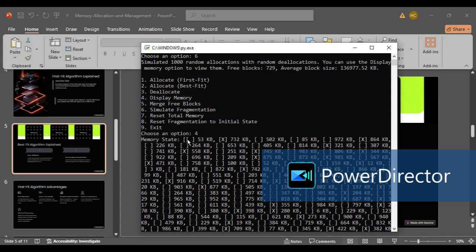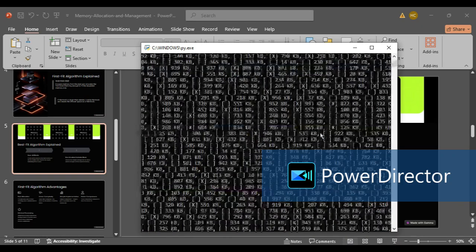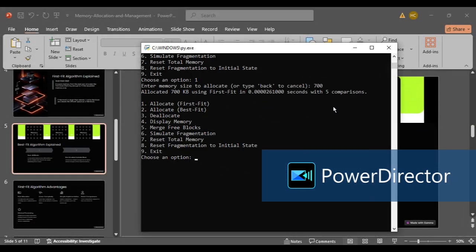So this is empty, but it cannot accommodate 700. This was filled up. It cannot accommodate 700. So this is the third comparison, cannot accommodate. This is the fourth, cannot accommodate. So the fifth was able to accommodate the 700. So that's what the 5 comparisons mean.